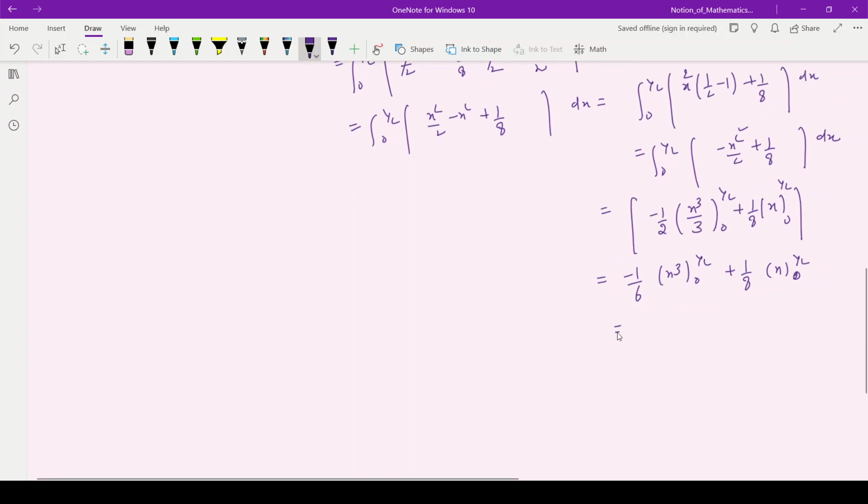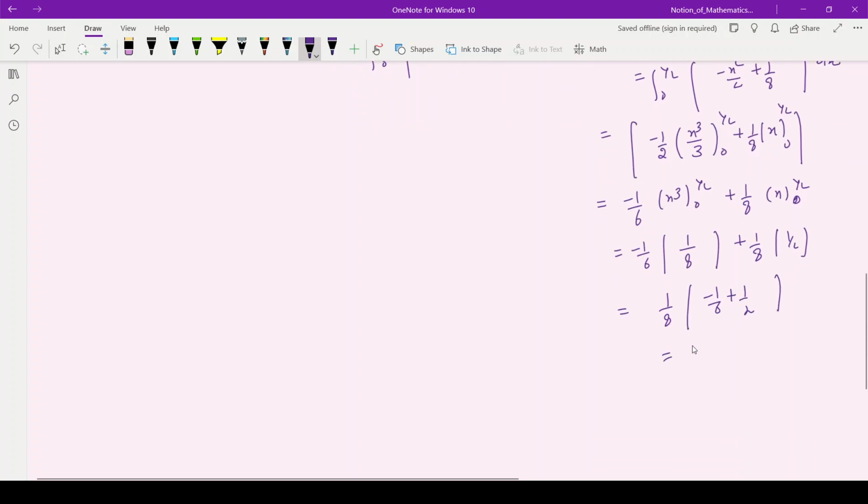So it would be minus 1 by 6, and x cube means here 1 by 8, for 1 by 2, and plus 1 by 8 into 1 by 2. So I can take this 1 by 8 outside, that will be minus 1 by 6 plus 1 by 2. By taking the LCM, what we get here is 6, and minus 1 plus 3, that is 1 by 8 into 2 by 6. Ultimately it is 1 by 8 into 1 by 3, or 1 by 24.